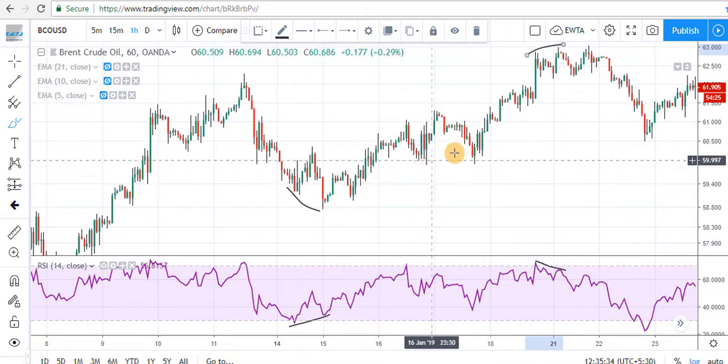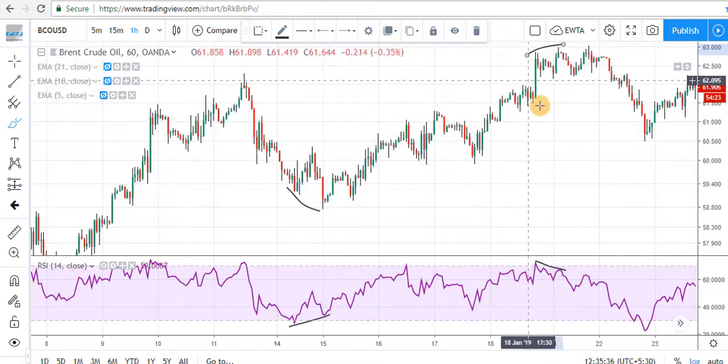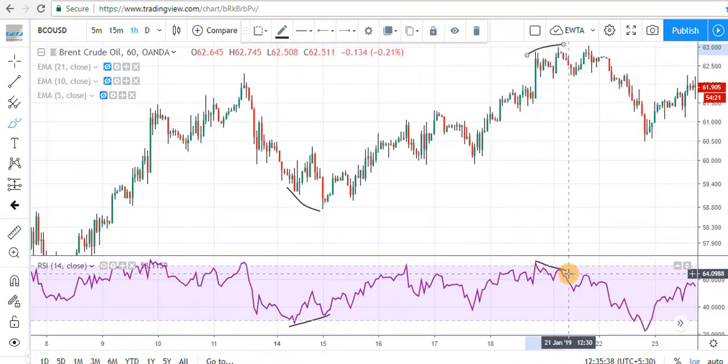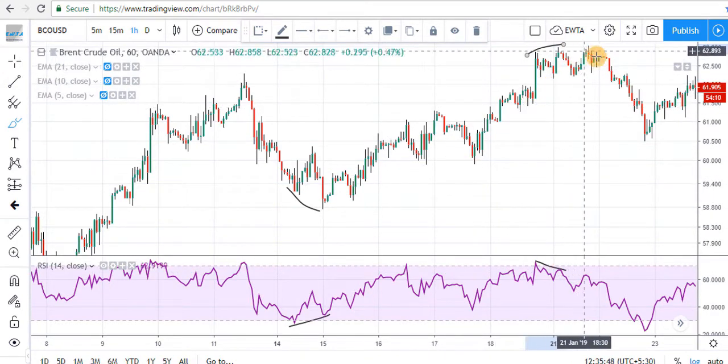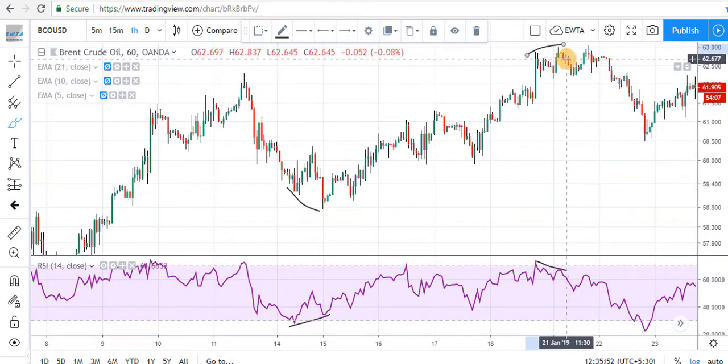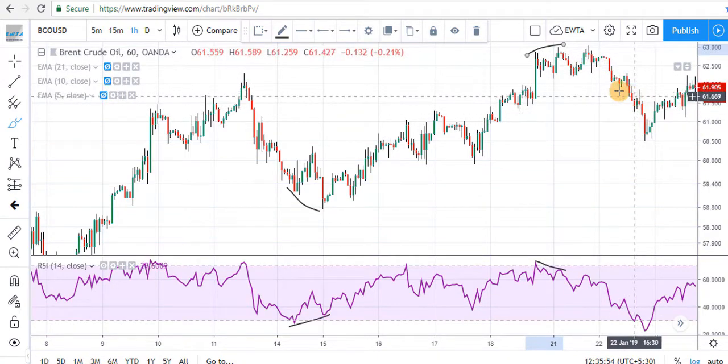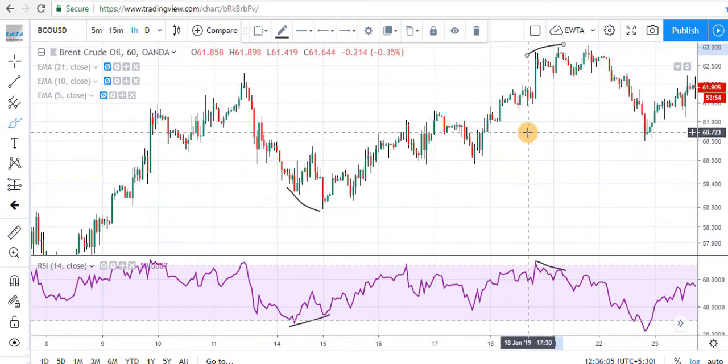In this case, prices are going in an upward direction but RSI is going in a downward direction. It shows that the uptrend can end now and the downtrend is imminent, or we can say that retracement is imminent, because the price action and indicators should agree and move in the same direction.